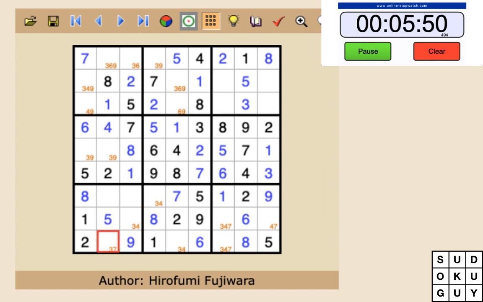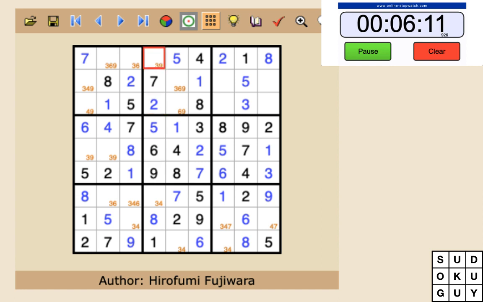Okay, only one place a 7 can go down in this bottom left box, which tells me some things. Maybe. Three, 4, and 6 is missing in the same box.